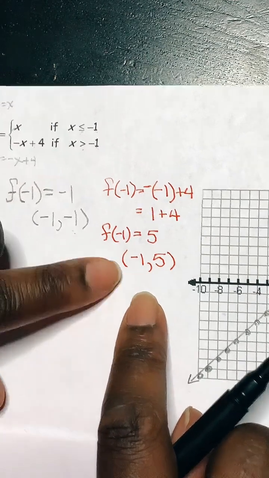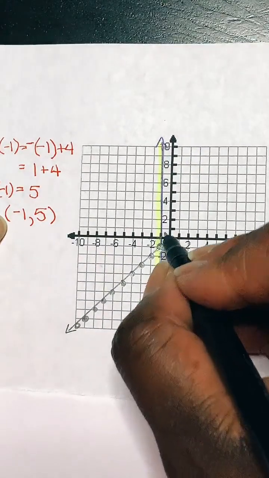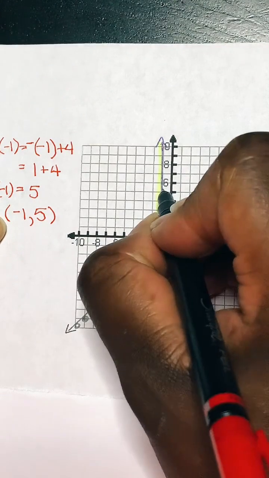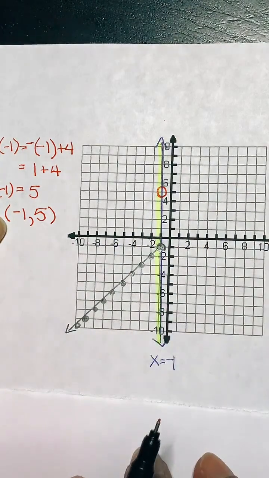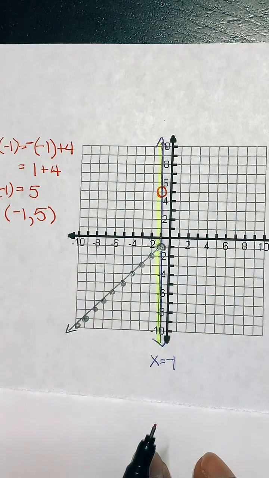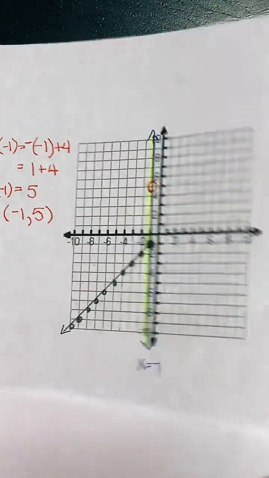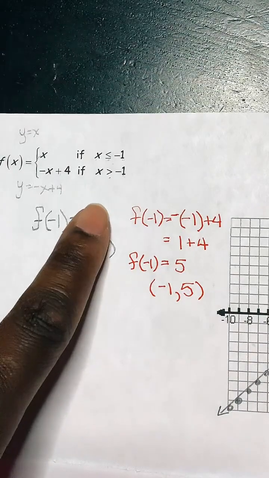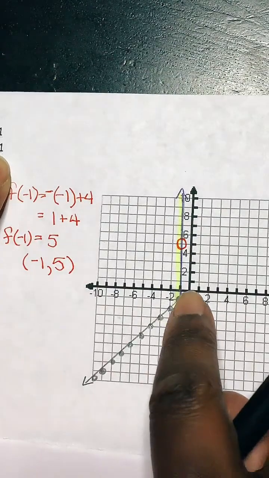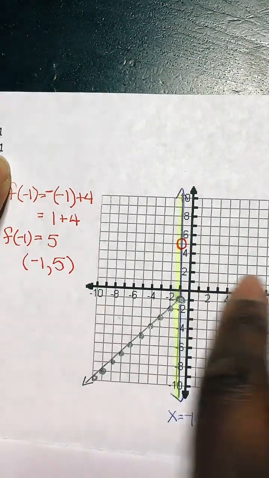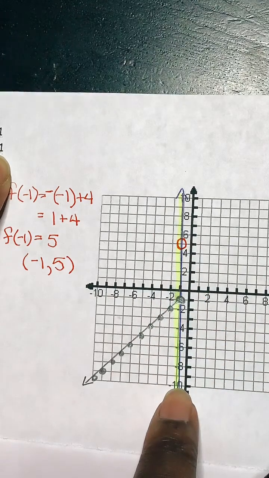Yes. So at point -1, positive 5, I'm going to put an open circle. Now, since it says x is greater than -1, that means I'm going to be graphing just the right side of this boundary line.